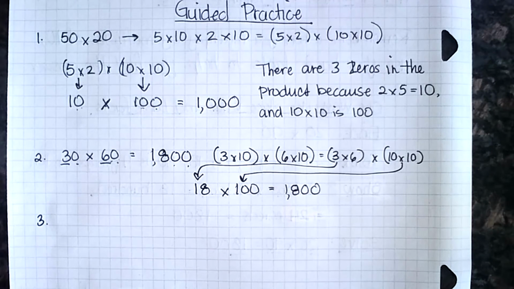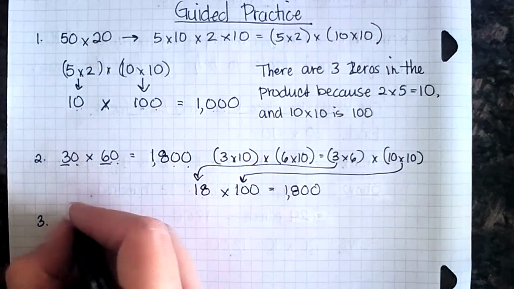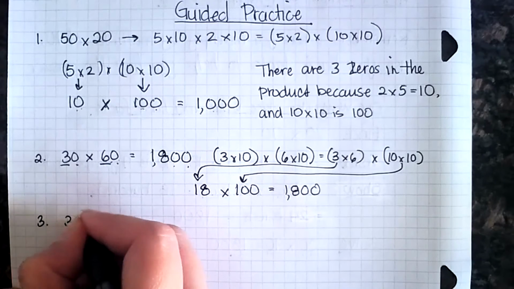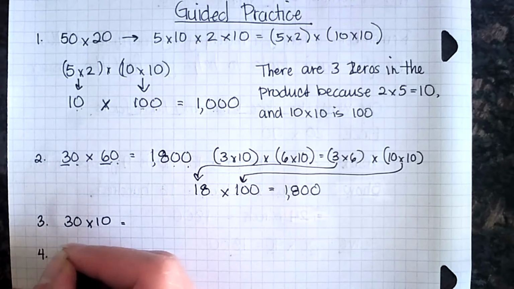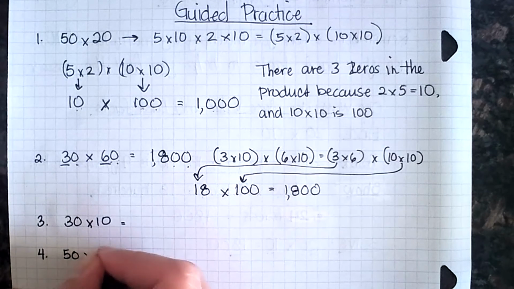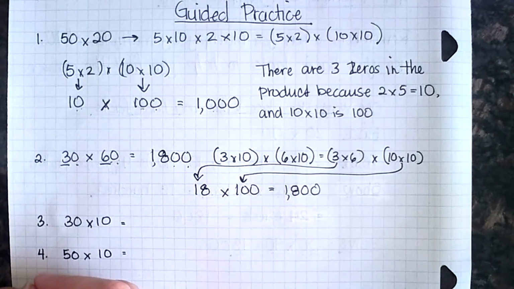Now it says for numbers 3 through 8, use basic facts and place value or properties of operation to find each product. So it's asking you to just solve these. So the first, number 3 is 30 times 10. Number 4 is 50 times 10. Number 5 is 20 times 10.